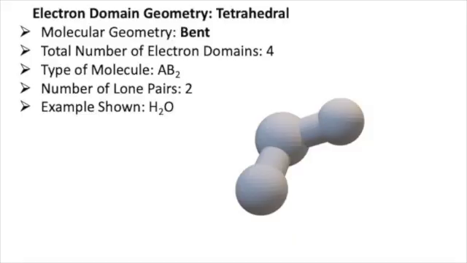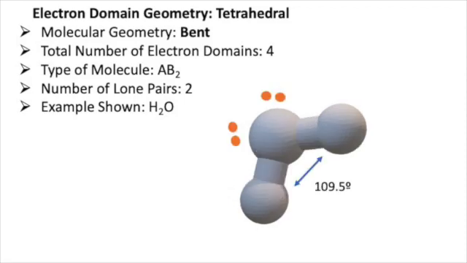Another example of tetrahedral electron domain geometry has a different molecular geometry. Sorry, not trigonal pyramidal again. This example would be bent, and an example of bent geometry with the tetrahedral electron domain geometry would be water.